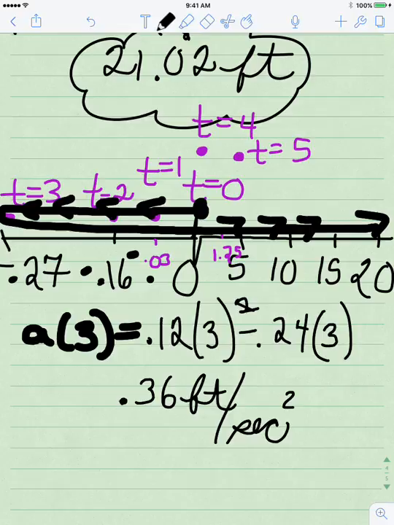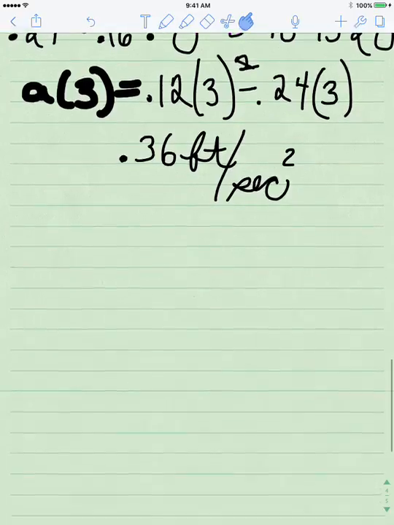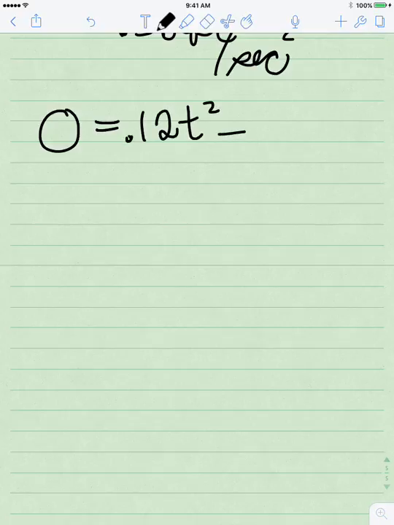Okay. And now we have to find out when is this graph speeding up and when is this graph slowing down. And to do that, we have to set the acceleration function equal to 0. So first, let's find the critical value for the acceleration function. And when is the acceleration function equal to 0? When will 0 equal, let me just find the acceleration function, 0.12 t squared minus 0.24 t.